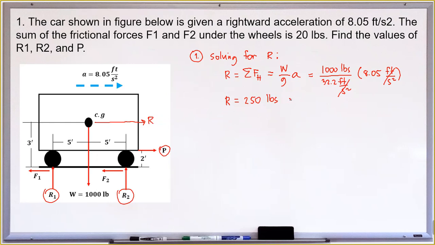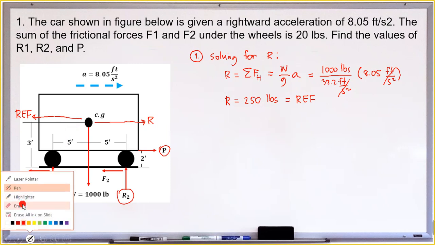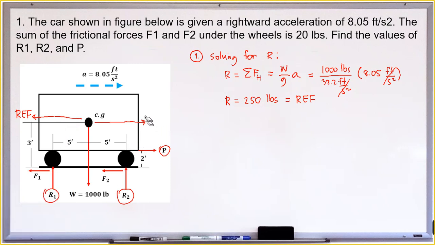The resultant force is equal to our equilibrium force, which is our reverse effective force, REF. So our REF acts opposite to our resultant. This is now our REF. Once we have drawn the REF, we can ignore the resultant force so that we can proceed to the summation of moments.